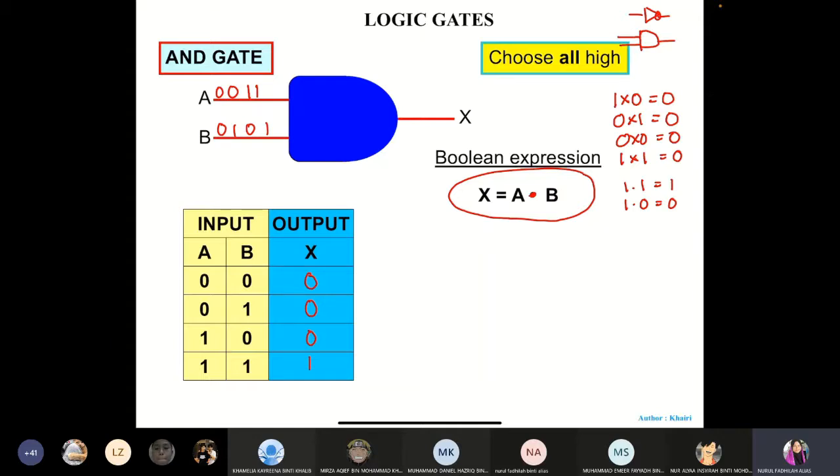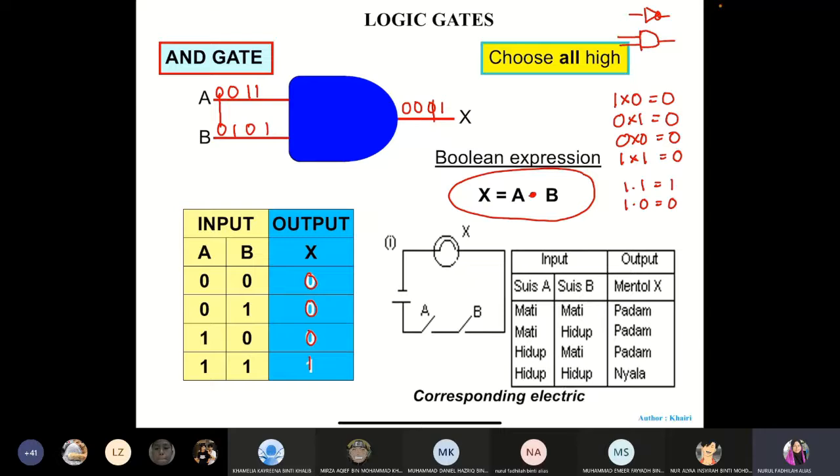But you know the corresponding outputs are 0 0 0 1. So for the AND gate, there is only one possibility for the gate or the circuit to switch on.